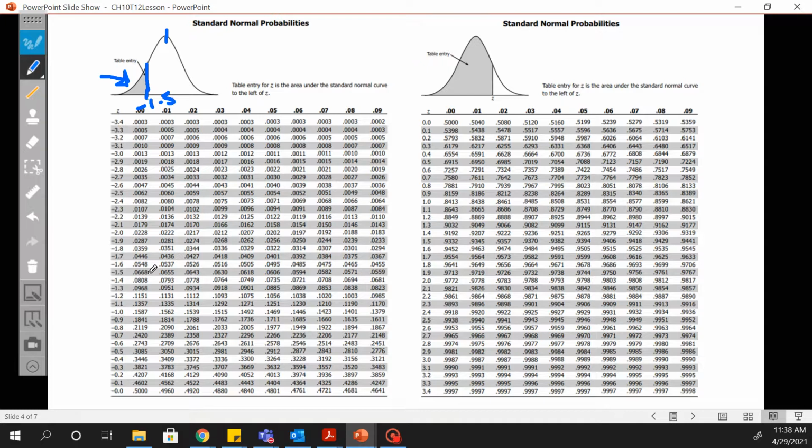And that tells us that this shaded region right here is 0.0668. Okay, so that would be how much data is in that shaded region. That's about 6.68% of the data in that shaded region.